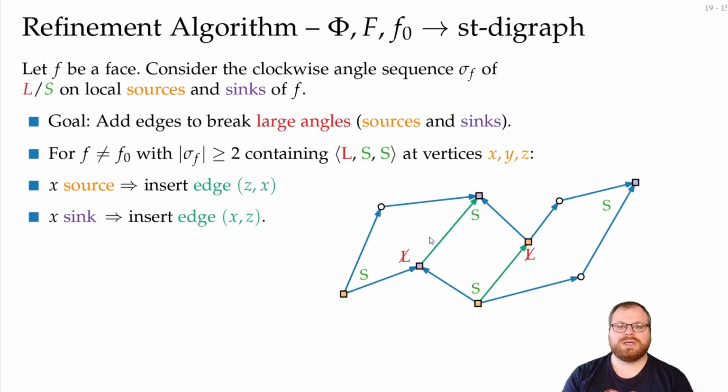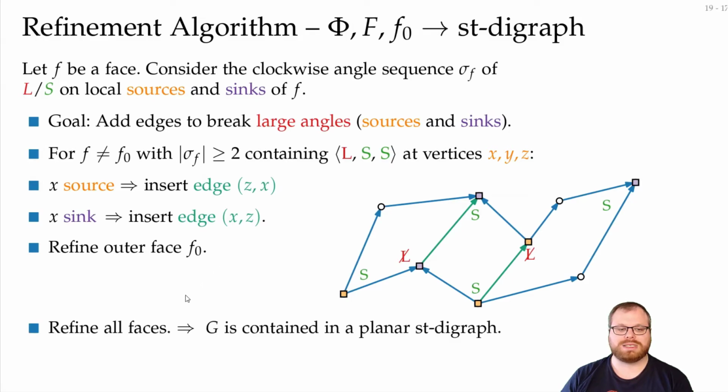And since every global source and global sink must have their large angle at some face, we can get rid of almost all of them, except of those that are on the outer face. And then we just have to refine the outer face again, and there we have to make sure that we keep 1 global sink and 1 global source. And how to do that you will show in the exercise.